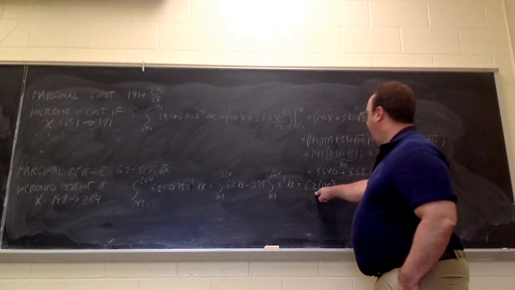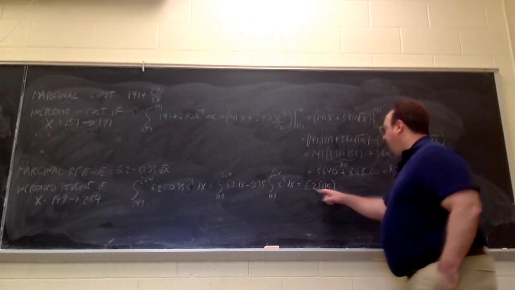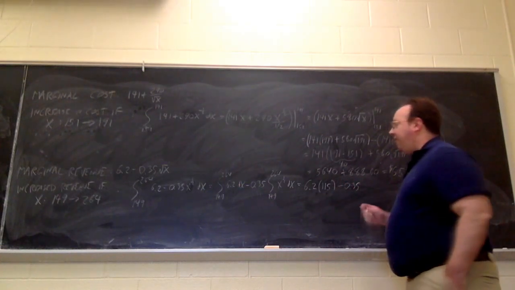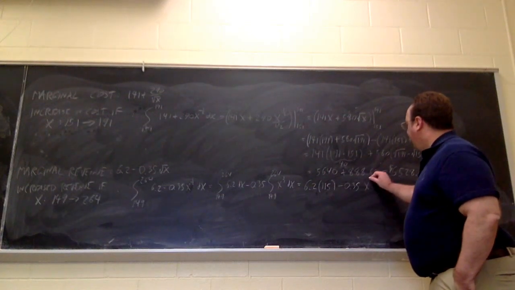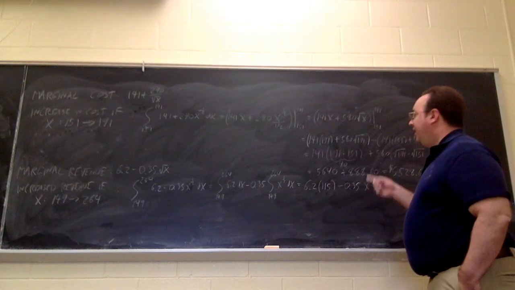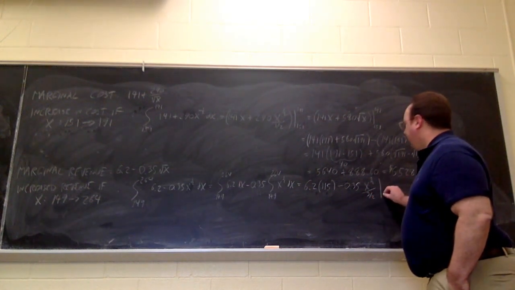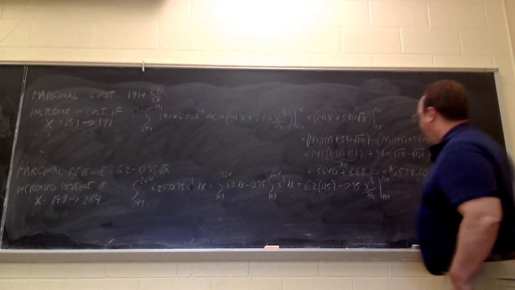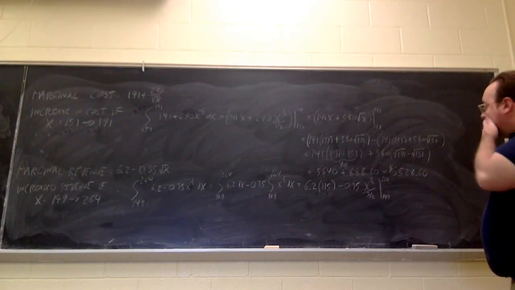So 6.2 times 115 accounts for this part completely. And then I still have a minus 0.35 times the integral of x to the 1/2. Using the power rule, that is x to the 3/2, so we add 1 to the exponent to get 3/2, divided by 3/2 with limits 149 and 264.